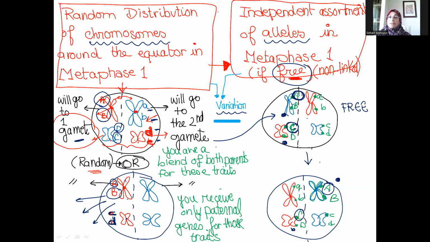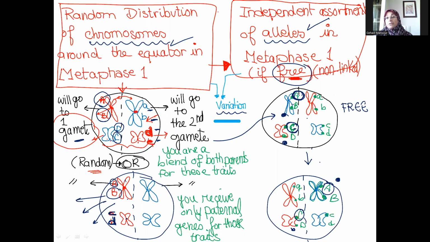And this indicates that because these two alleles are independent, as there is random distribution of the chromosomes on the gametes, there is also random distribution of the alleles that are carried on them, and this is only allowed because the alleles are free.